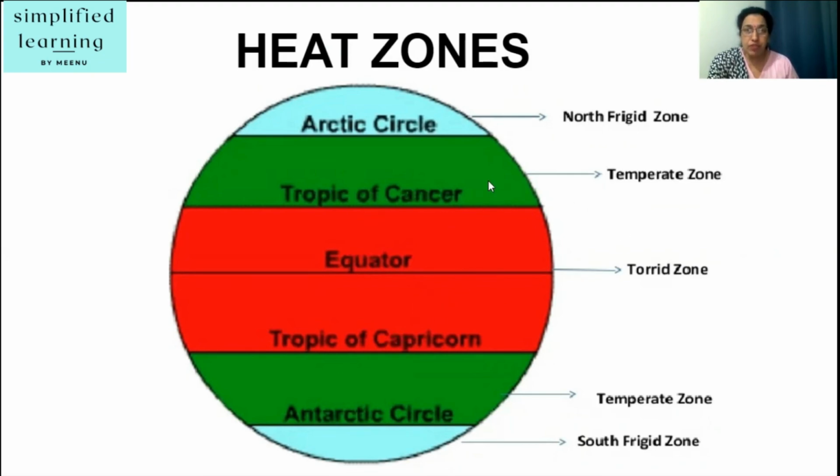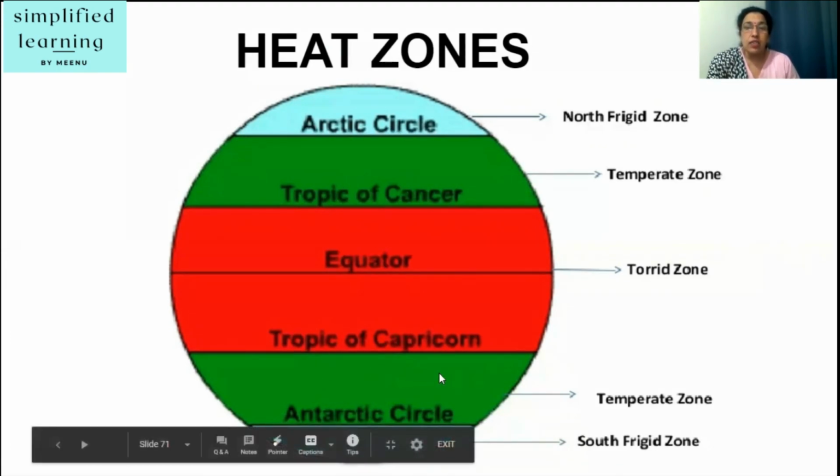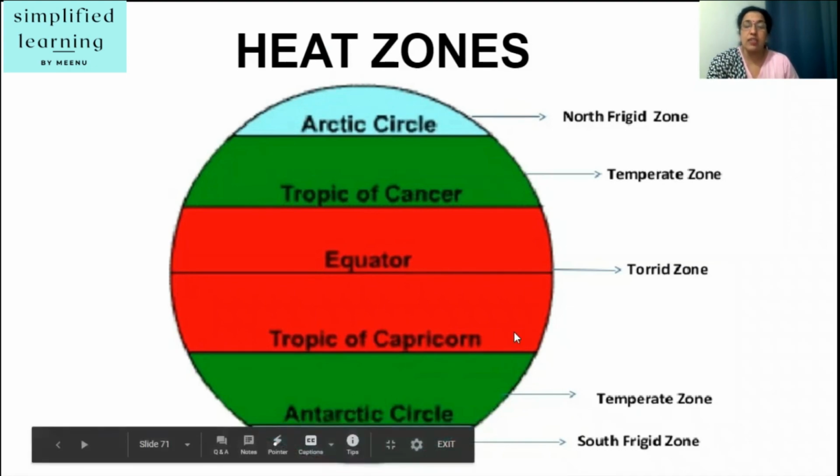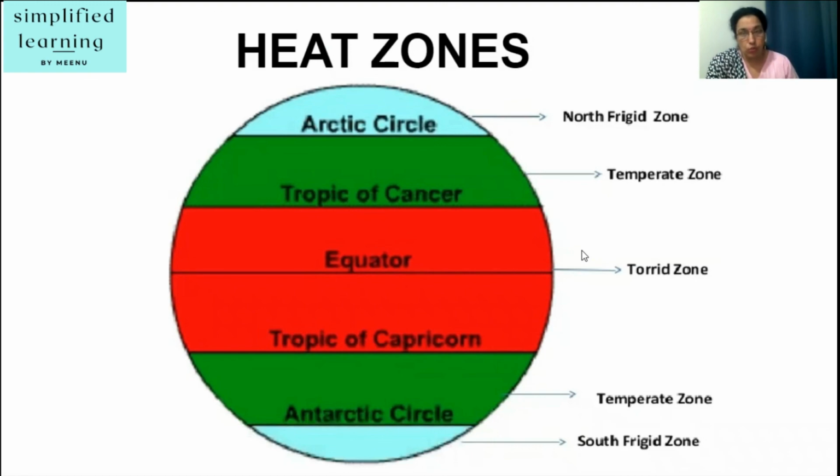Then we have the temperate zone in the northern hemisphere between the Tropic of Cancer and Arctic Circle, and the temperate zone in the southern hemisphere between the Tropic of Capricorn and Antarctic Circle. Then we have the North Frigid Zone between the Arctic Circle and North Pole, and the South Frigid Zone between the Antarctic Circle and the South Pole.